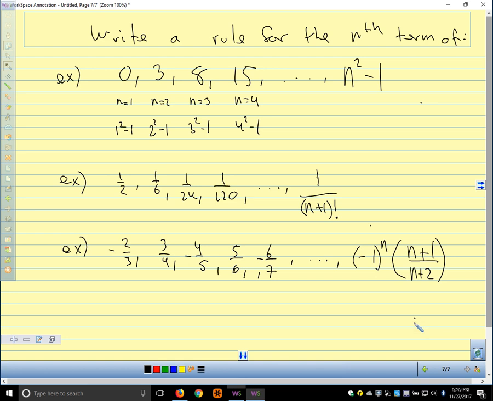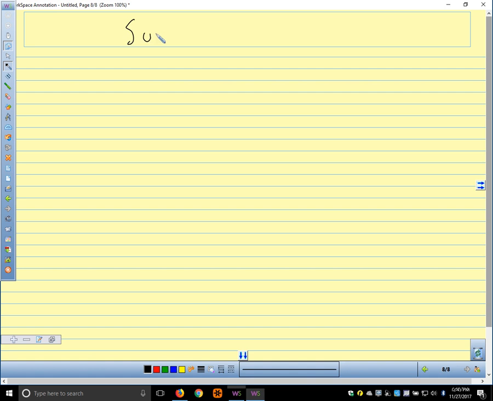All right, the last thing we need to talk about for today is, we'll have a sequence of numbers. We often are interested then in adding those numbers together. So we need to talk about summation notation.